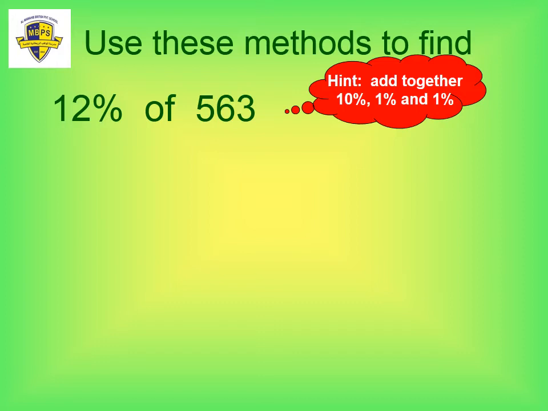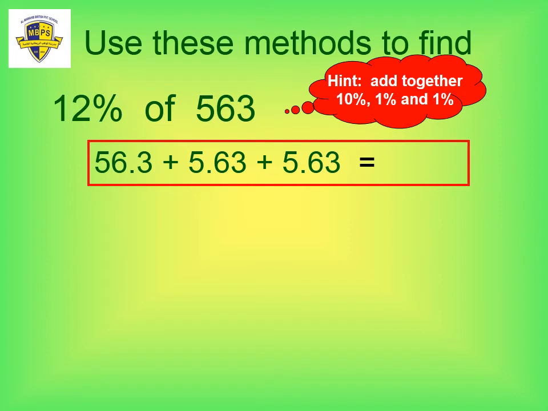Okay, let's start. Who can find 10% of 563? To find 10%, we divide by 10. So 563 divided by 10. Where should the decimal point be? Excellent, 56.3.